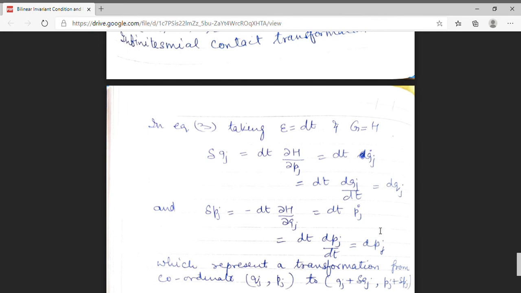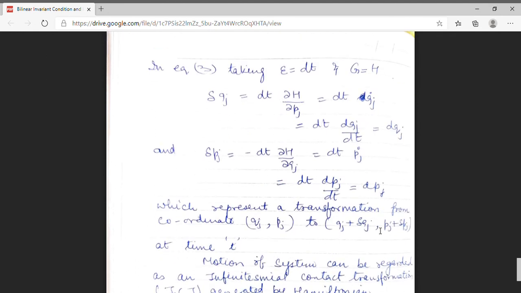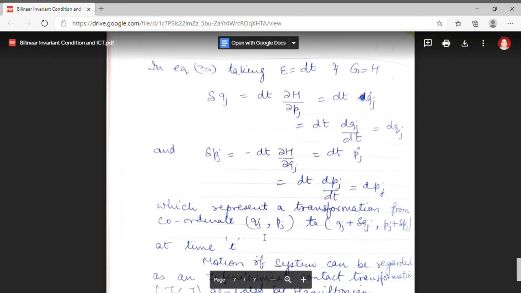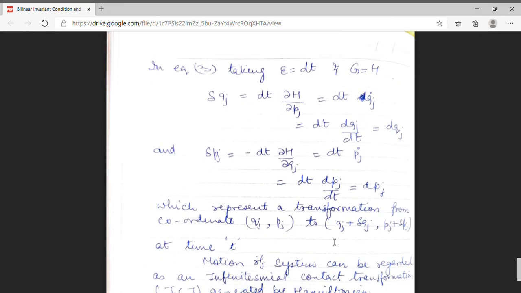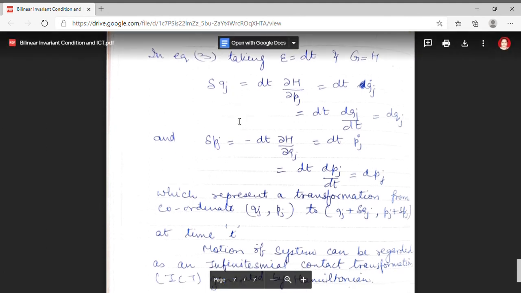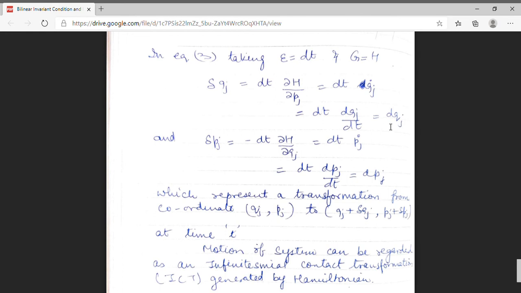Now here I have made the transformation from the old set of coordinates small qj and small pj to small qj plus del qj and pj plus del pj at a particular time t, and we can see that the variation of qj comes out to be exactly the same as the change in qj.